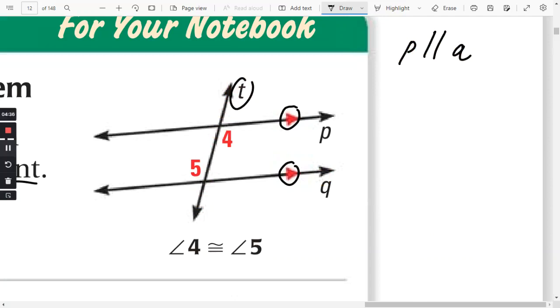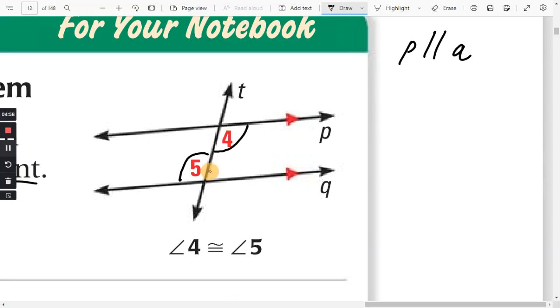That's line T. Okay, remember, interior means it is in between the 2 lines that are being cut. So interior is the part in between. Okay, and alternate means one angle is on the right and the other angle is on the left. Remember, they can't be adjacent. They can't be next to each other.